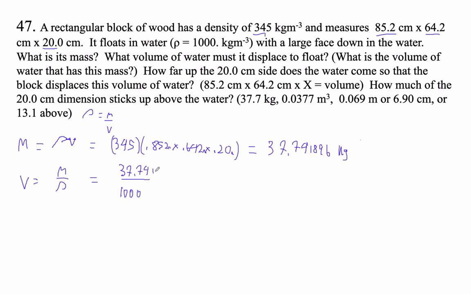And this is kilograms divided by kilograms per cubic meter, right? So this unit will be cubic meters. So I divide that by 1,000, and I get that it would be 0.03774 cubic meters of water is what we have to displace, right?